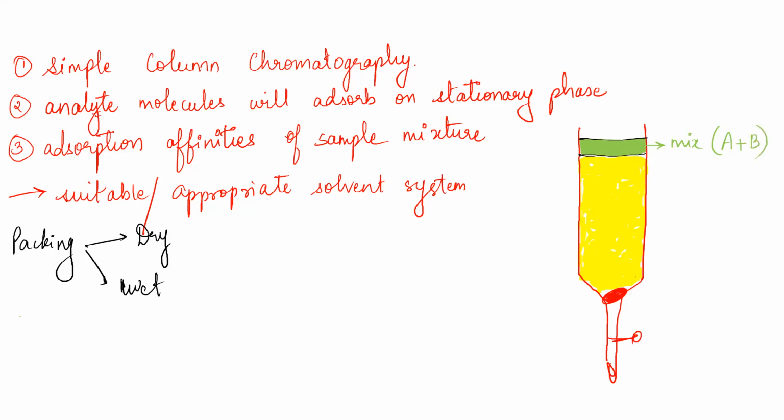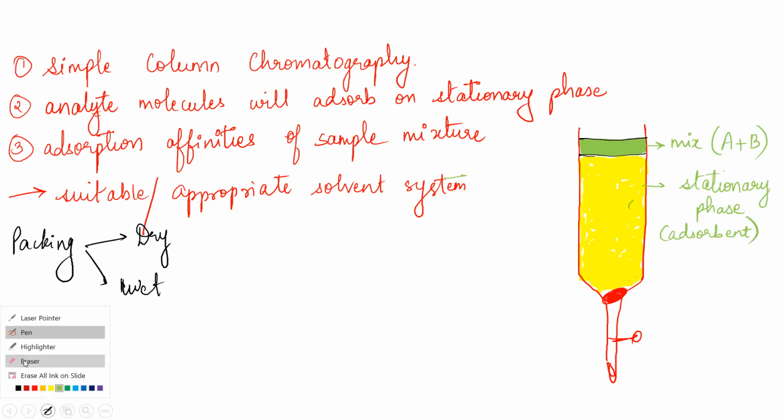Now this particular yellow color filling is the stationary phase. I can also call this my adsorbent now. Why adsorbent? Because whatever I am going to load is going to get adsorbed on the stationary phase. Not all of it, but partly.